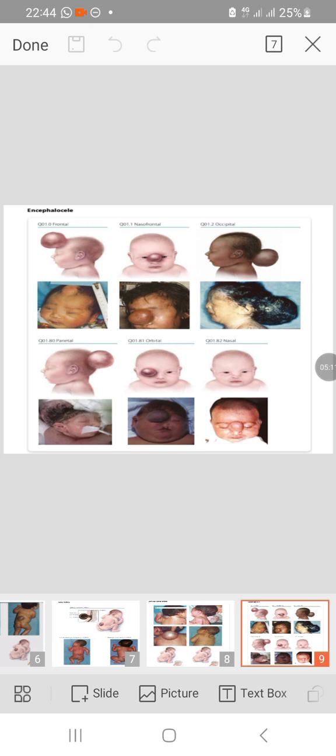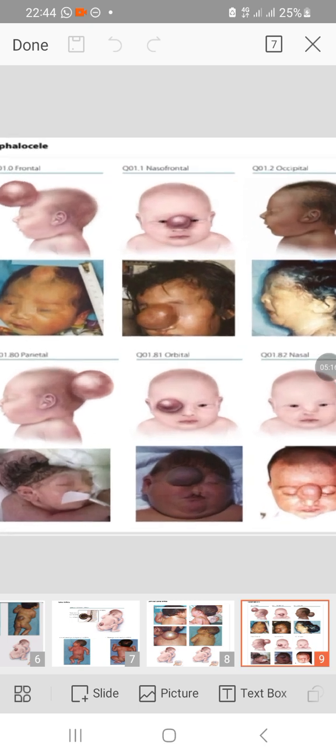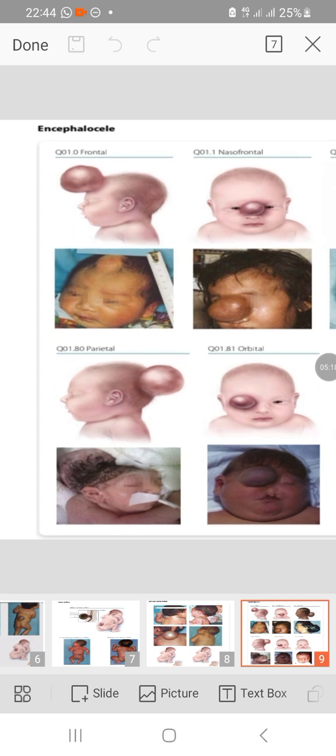So this is encephalocele. In this picture, it may occur on the frontal side. If parts of the skull are not intact, the brain protrudes out.